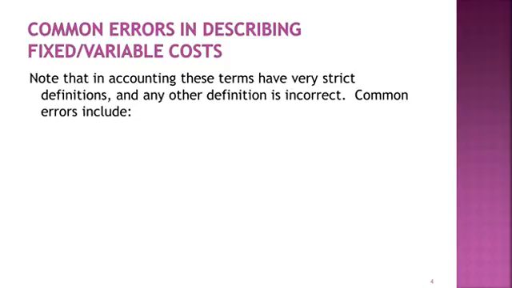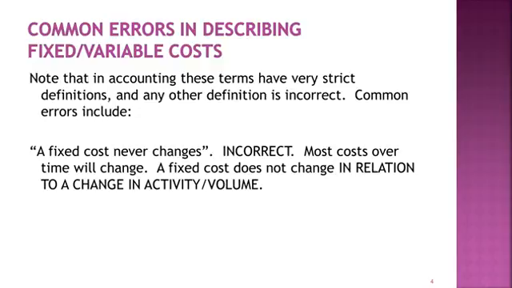Now, there are a number of common errors in describing fixed and variable costs. I want to make you aware of these, because the definitions for these terms in accounting are very strict, and any other definition is incorrect. Common errors that even people in practice and students make: they say a fixed cost never changes. This is incorrect.